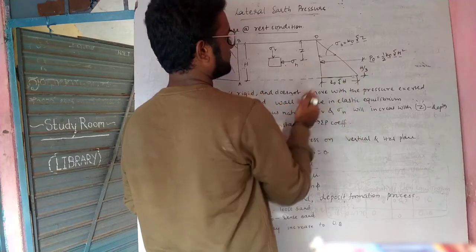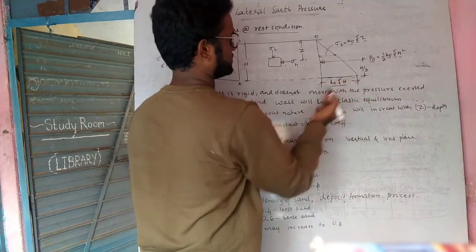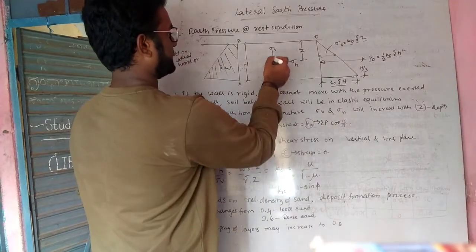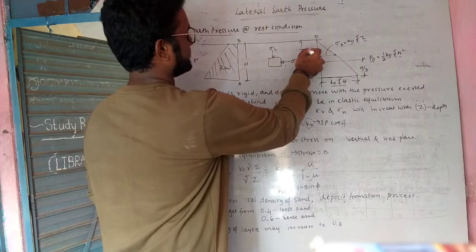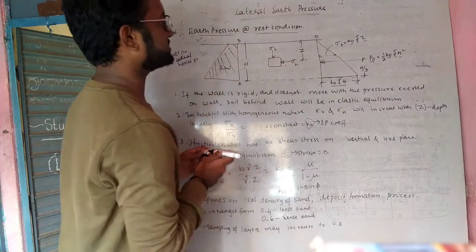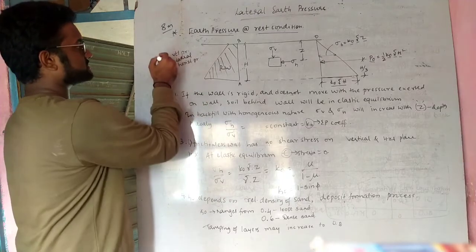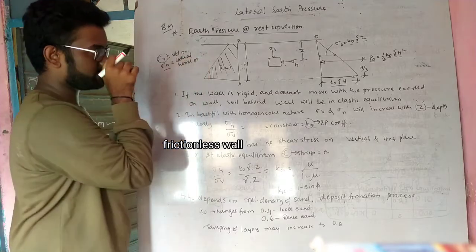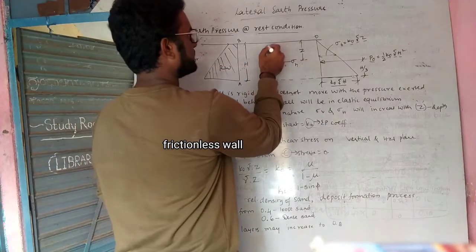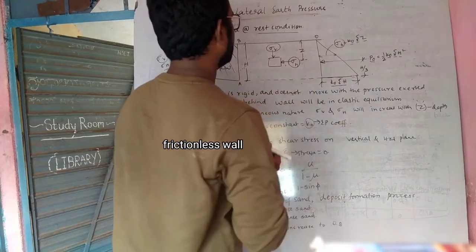The base of the earth pressure diagram is k naught into gamma into h, which you have to remember. And z is the particular depth at which sigma h acts. This is the diagram. Sigma v is the vertical pressure and sigma h is the lateral horizontal pressure. These are the different pressures acting on the retaining wall.